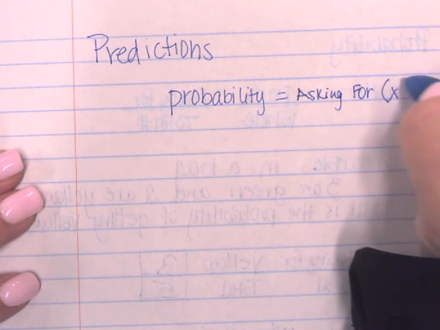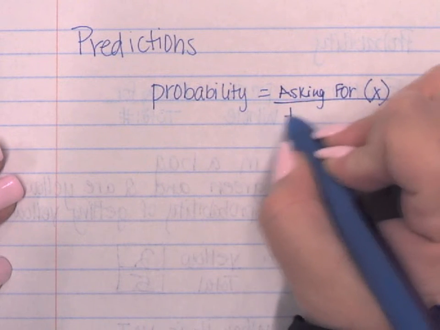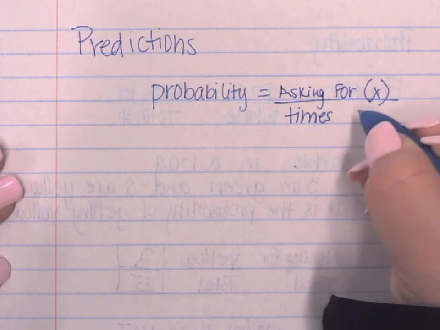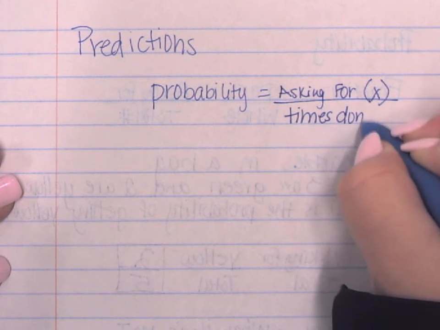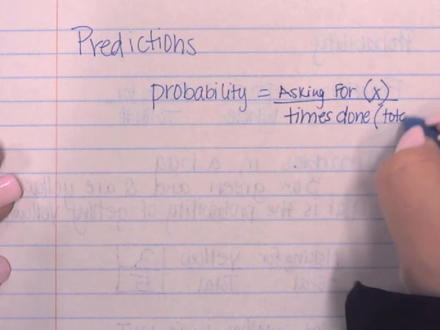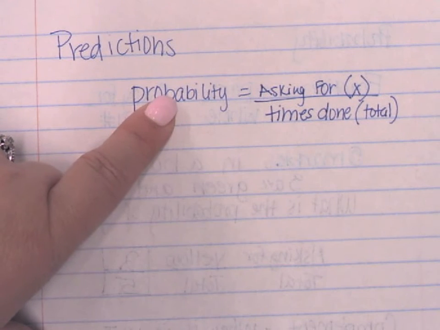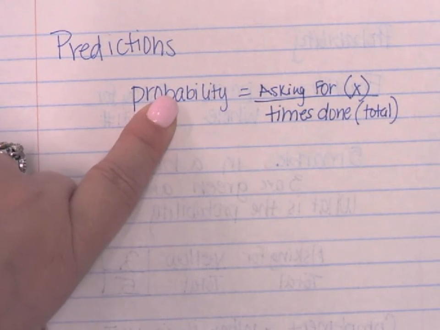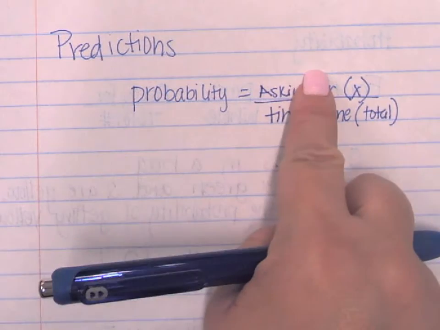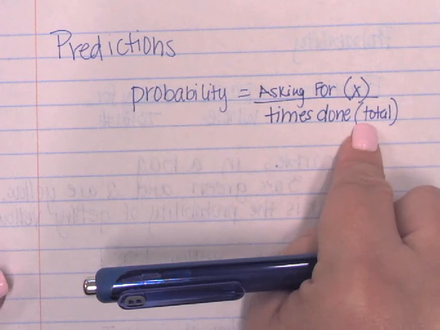Most of the time that's going to be X for us, over the times that it's performed, the number of times that it's done, or the total. Okay, so you have to find the probability of the event first. You're setting that equal to what they're asking for, which is going to be X. You're going to put that X. And then the times it's done.